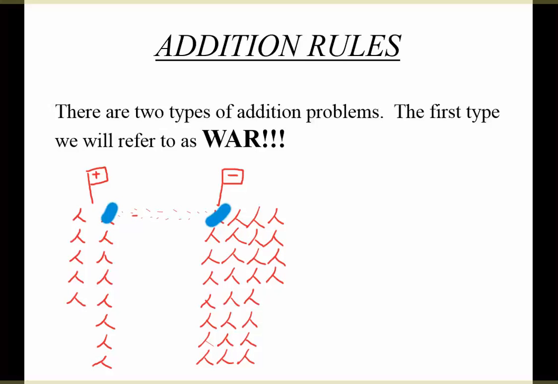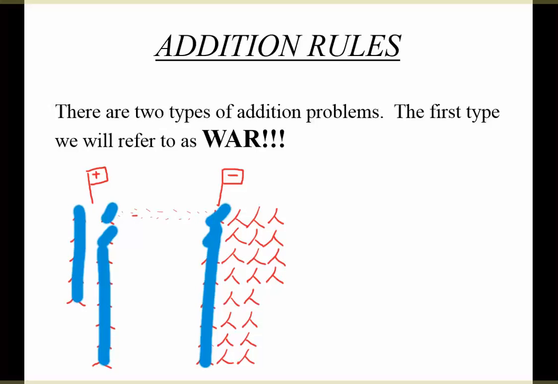This guy over here is going to take out this guy over here, and vice versa. Matter of fact, the whole front row would take out the whole front row of the other side. And then these 5 guys on the back row of the positive army, they're going to be taken out by these 5 guys, 1, 2, 3, 4, 5 of the negative army. And so that's what happens in the war problem.